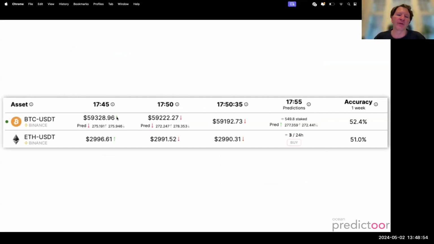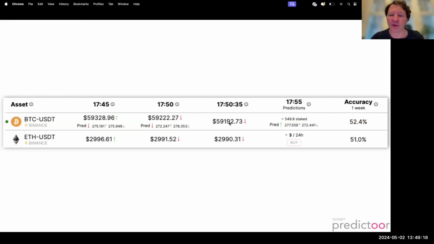At 5:40 p.m., the price was lower than $59,328. 5 minutes later, but still in the past, the price of Bitcoin had gone down to $59,222. And then the price went down again. Sorry, that's not 5 minutes after, this is 35 seconds after.